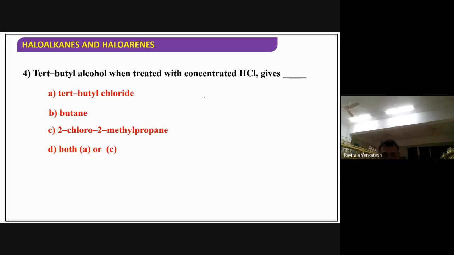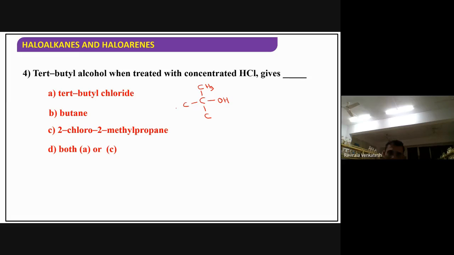Carbon bonded with OH. How to make tertiary? OH bonded carbon bonded to 3 carbons. Tertiary alcohol means OH bonded carbon bonded to how many carbons? 3 carbons.